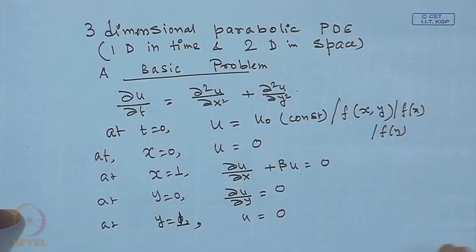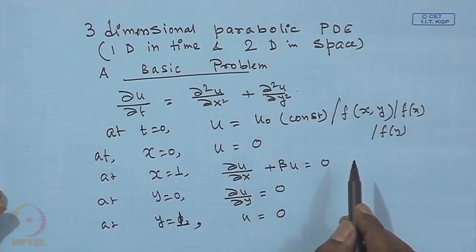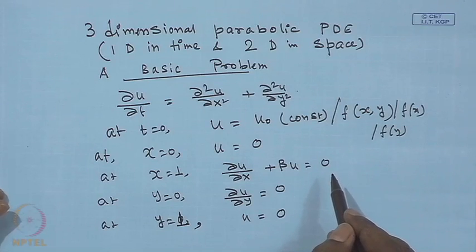If you look into this problem and compare it with the earlier problem solved in the last class, both problems are three-dimensional parabolic partial differential equations. Both have homogeneous boundary conditions and a non-homogeneous initial condition.